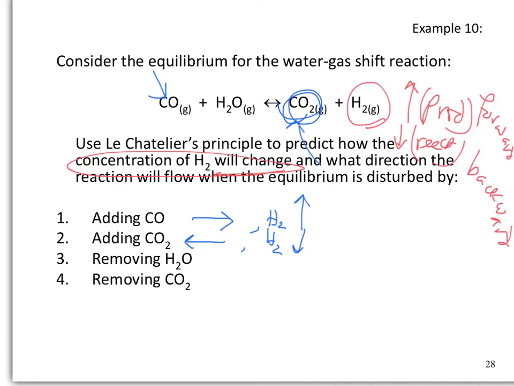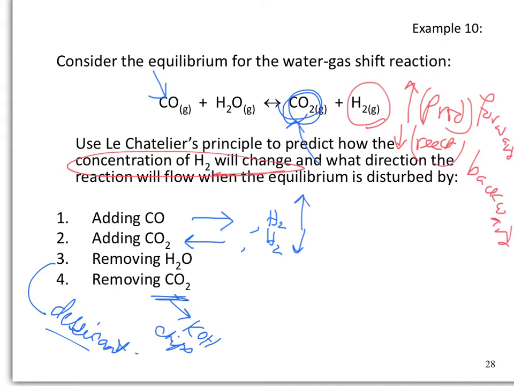Likewise, if you remove water, how can you remove water? You can remove water by using a desiccant, or remove CO2. You can do that by putting some KOH chips.